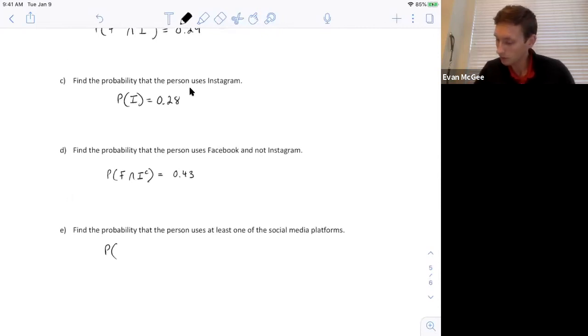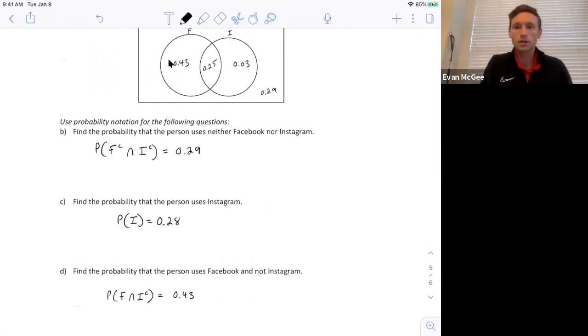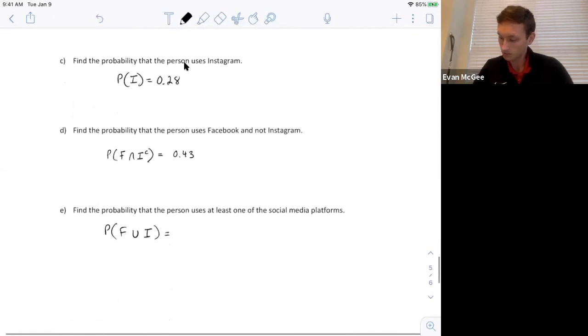So the probability of Facebook union Instagram. So just looking here, I can see that it's going to be only those included in the circles, because this is the people who use neither. We want at least one. So that would be 3% plus 25 plus 43%, which would be our 71%.